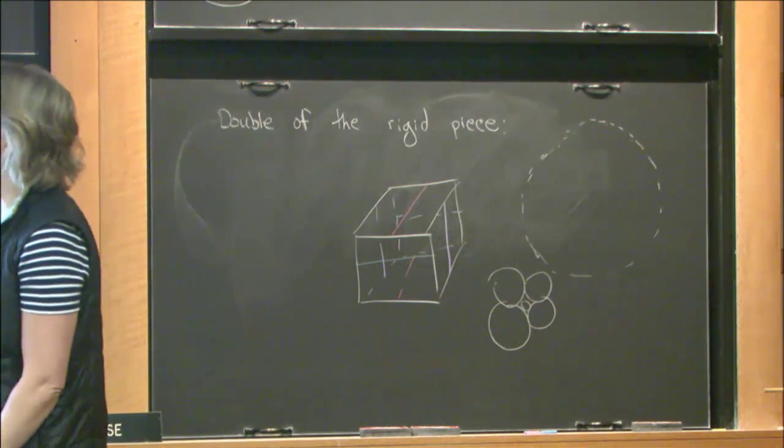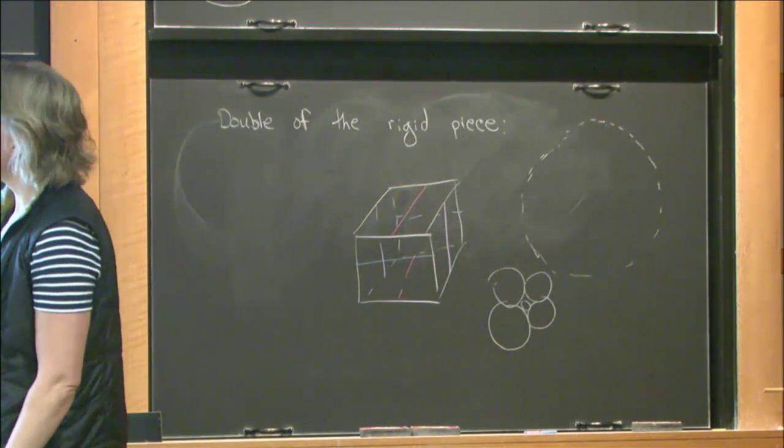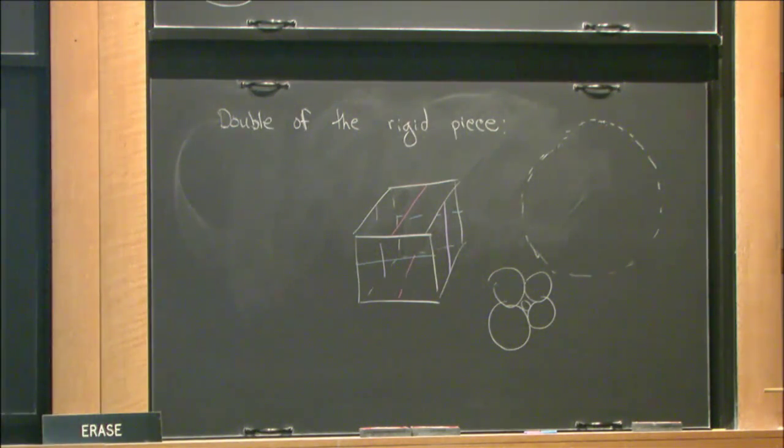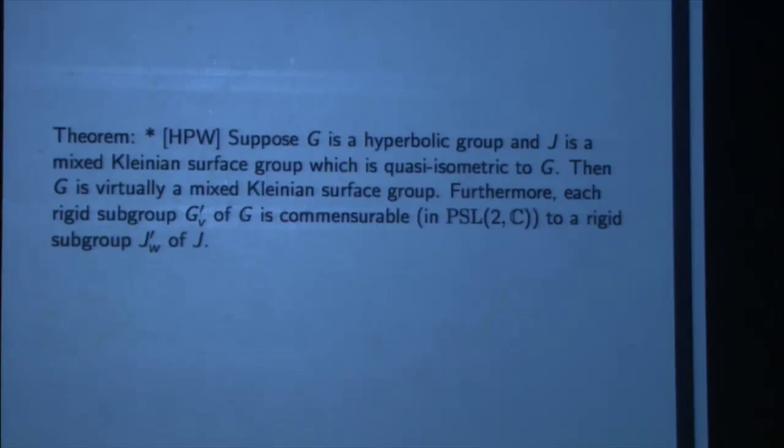Then G itself is virtually a mixed Kleinian surface group. Furthermore, each rigid subgroup, so when I take this representation as a Kleinian group with totally geodesic boundary, then it's commensurable to a rigid subgroup of the other one. Questions about this statement?